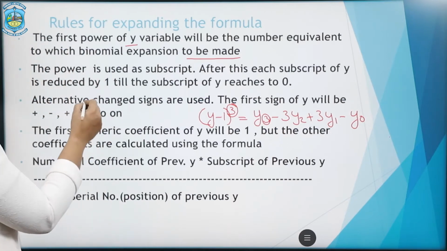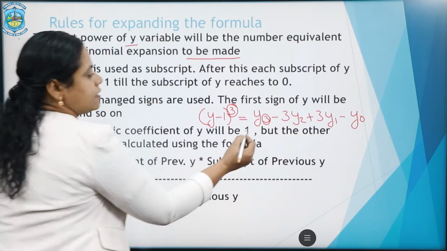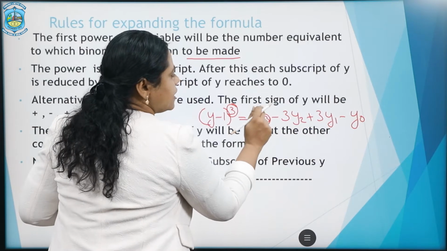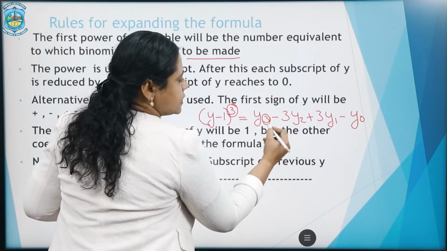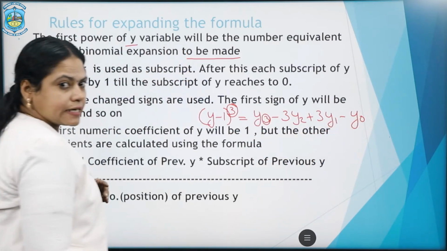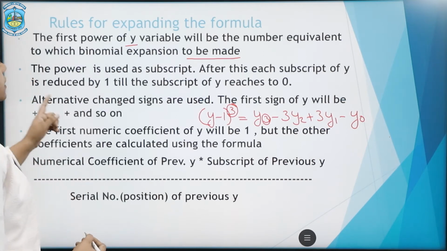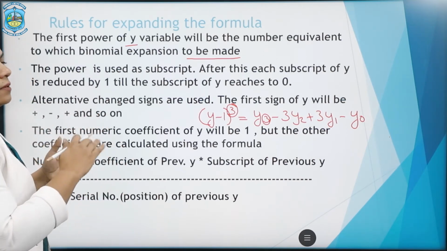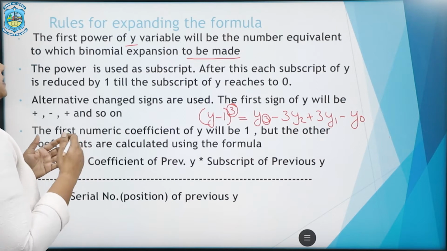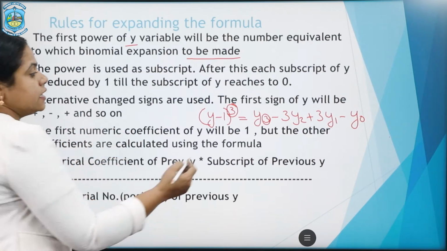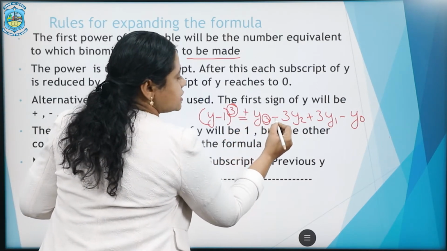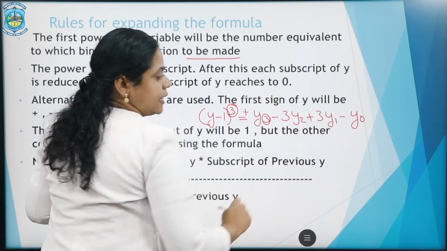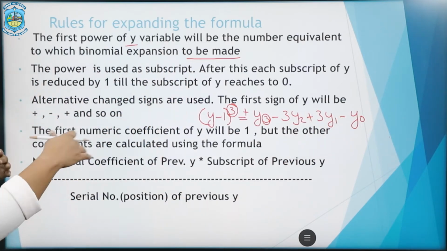Now the power is used as a subscript. You can see that instead of writing it as a power, we are writing it as a subscript: 3, 2, 1, 0 are written as subscripts. Alternating signs are used: the first one is plus, next is minus, then plus, then minus, and so on till it reaches 0.